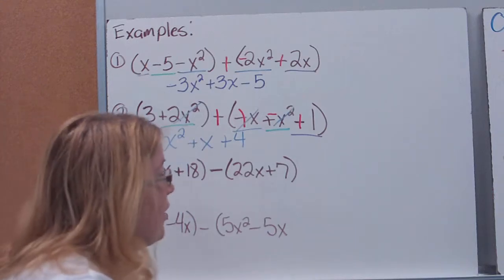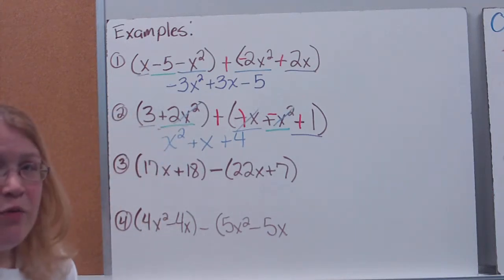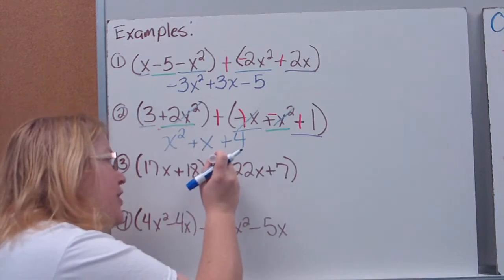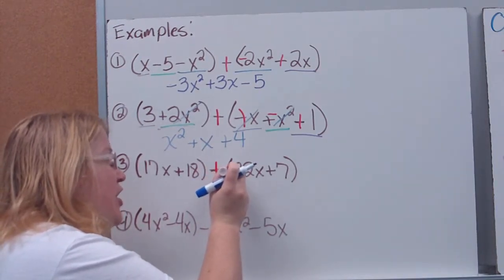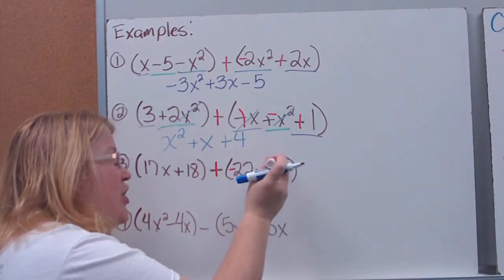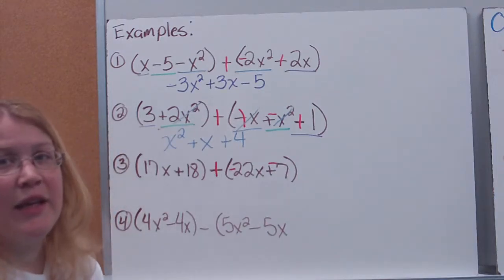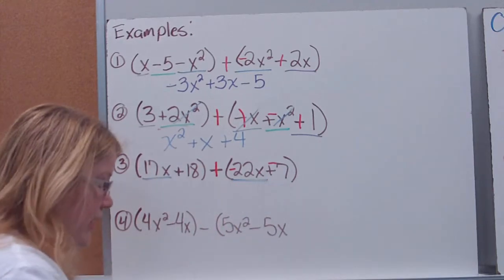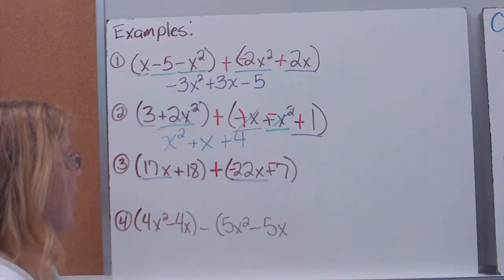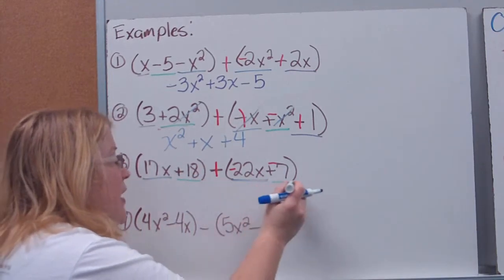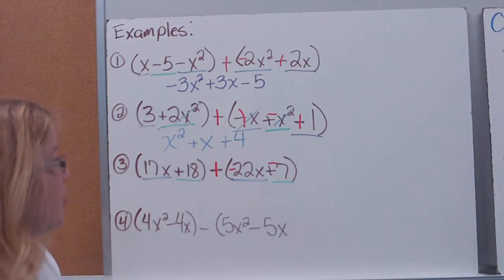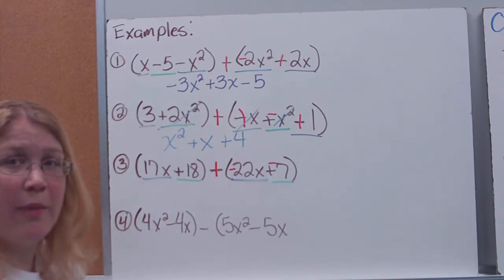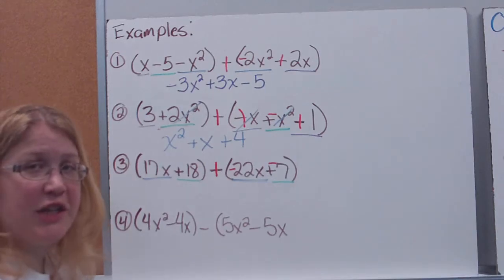Okay. Looking at the next one, again, remember, it's subtraction, so the first thing I'm going to do is change it to addition and change all of the signs in the second term. So here I have an x term and an x term. I have a constant and another constant. So I'm just going to go ahead and combine my like terms now because I've already changed the signs.